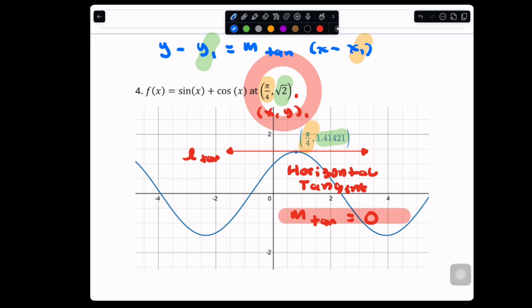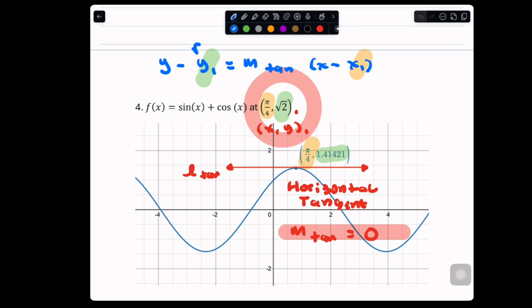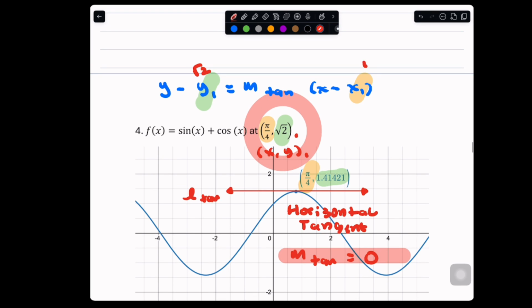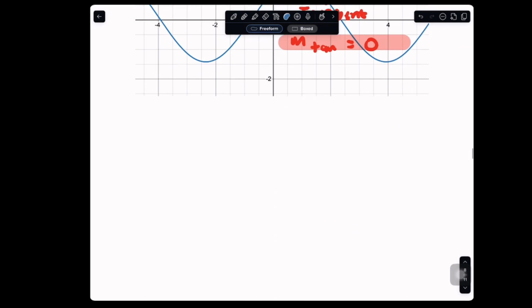So I will plug in square root of 2 here. Let's do it in red. And then what will I plug in over here? This is pi over 4. Is that right? Okay. So now we just have to get the derivative. Is that right? Of sine plus cosine.